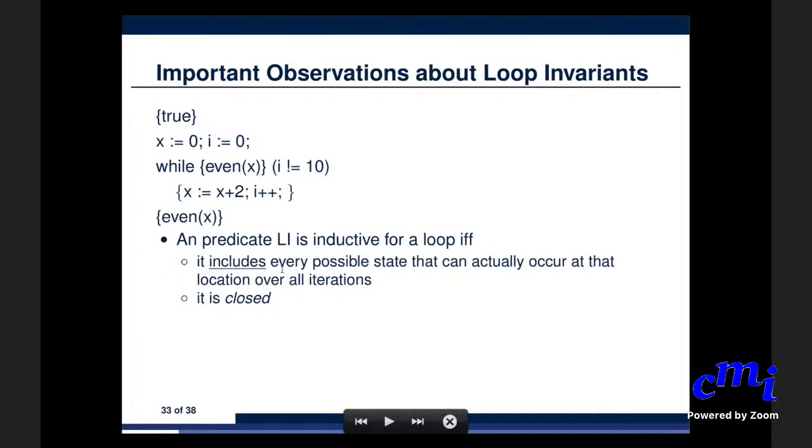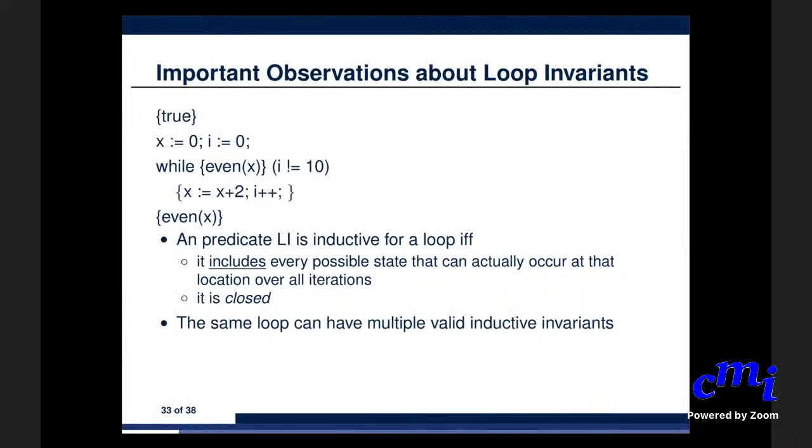That's why, for the loop invariant predicate, I'm saying it includes. It doesn't need to, in all cases, characterize the exact set of states. You can get away with using a loop invariant that, as long as it includes all the possible states, should be okay. Then I say it is closed in the sense that you can't be adding any more.